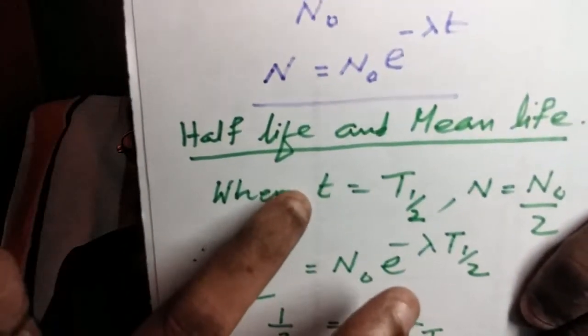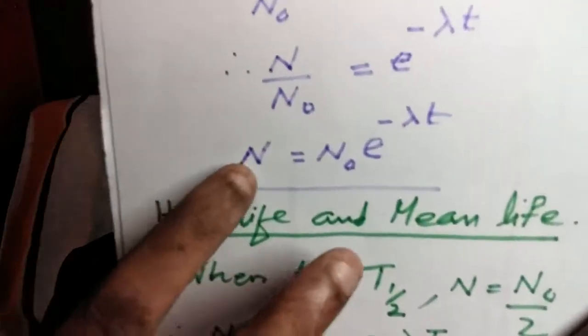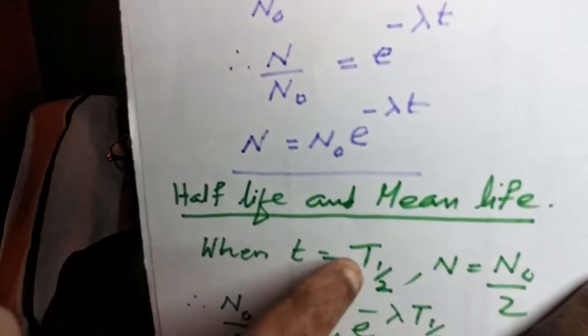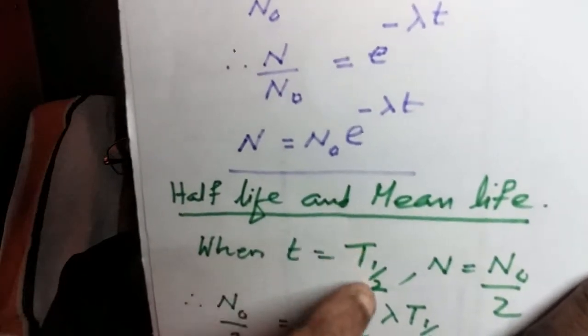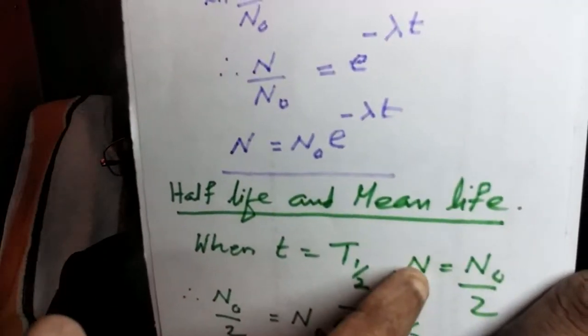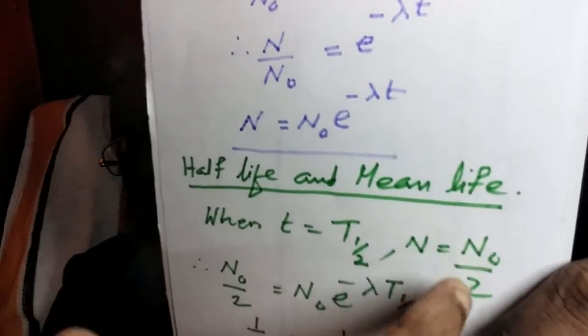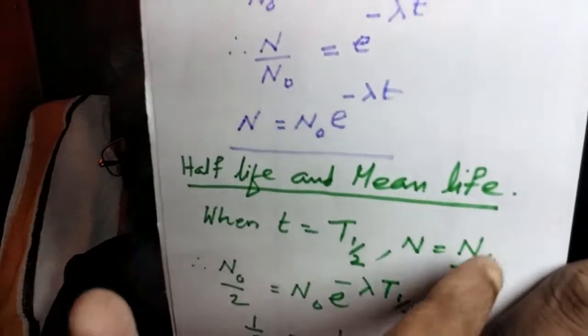So, the disintegration formula is N equals N0 e raised to minus lambda t. When t equals t half-life, N, the remaining atoms, must reduce to half the initial value, that is N0 by 2.